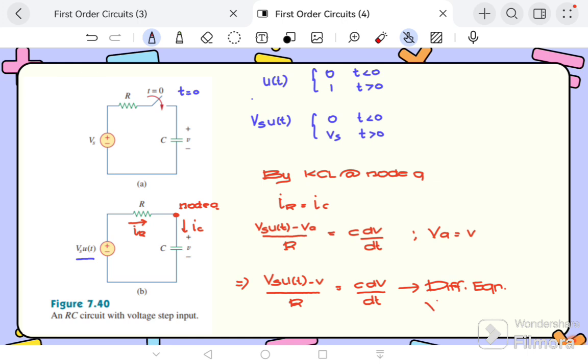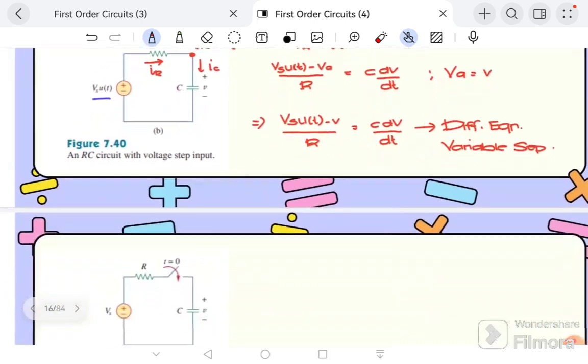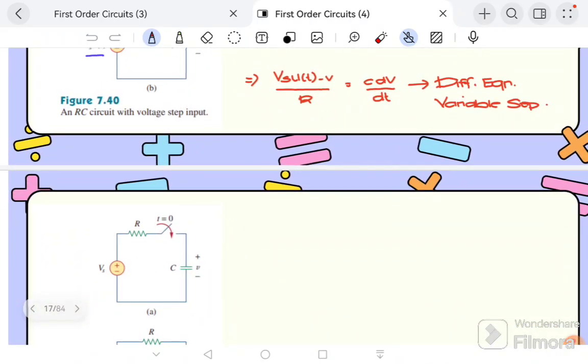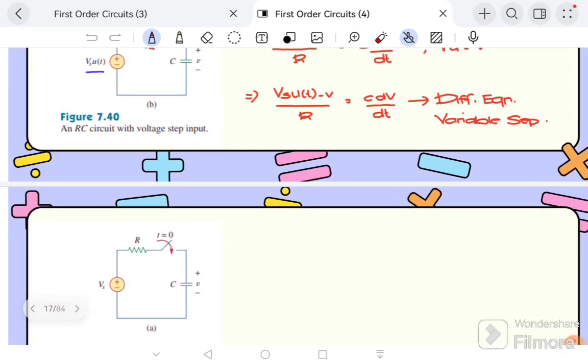And also, this equation is variable separable. Again, our goal is to find v of t, so we solve this differential equation.